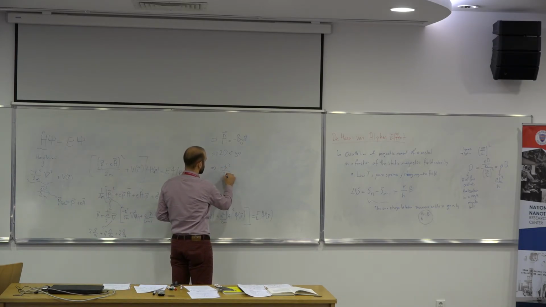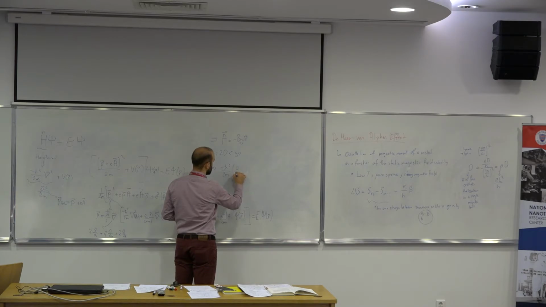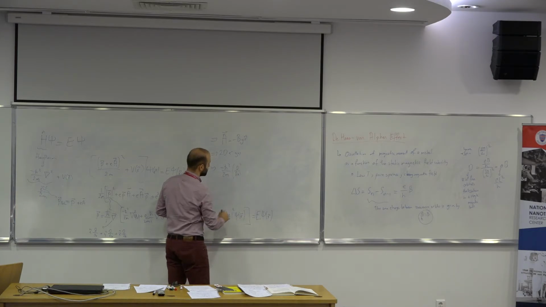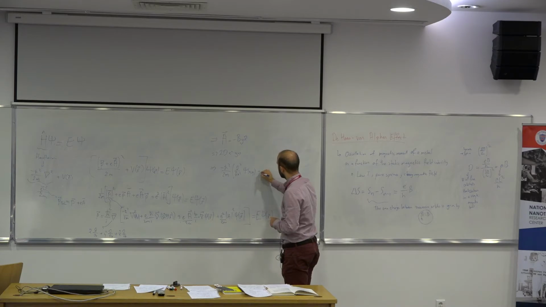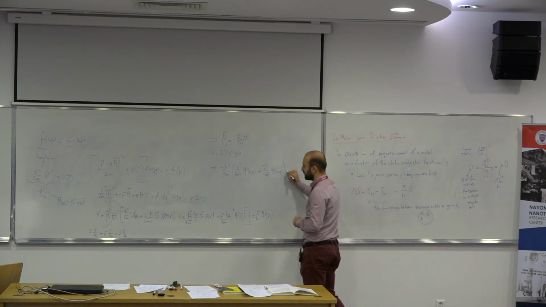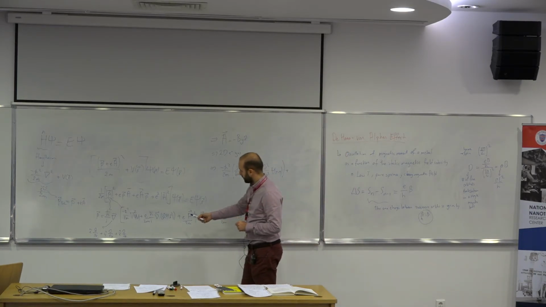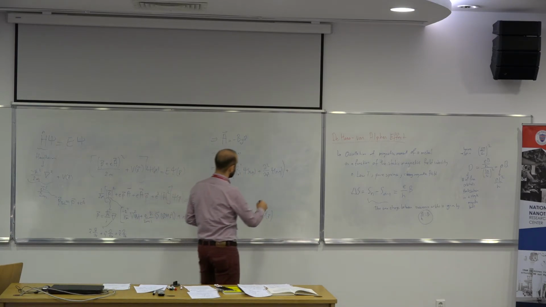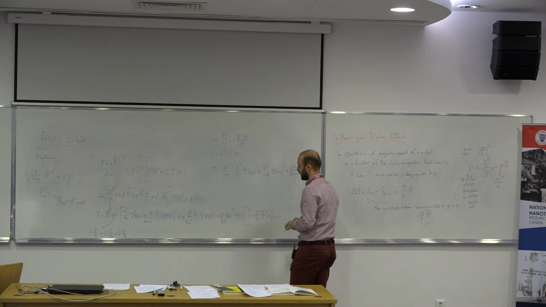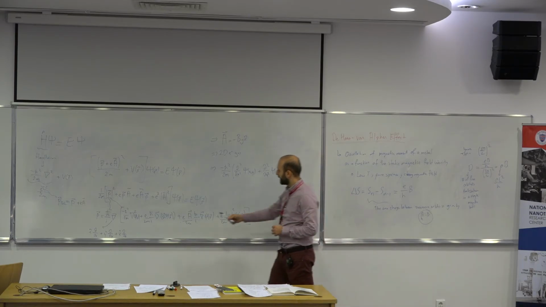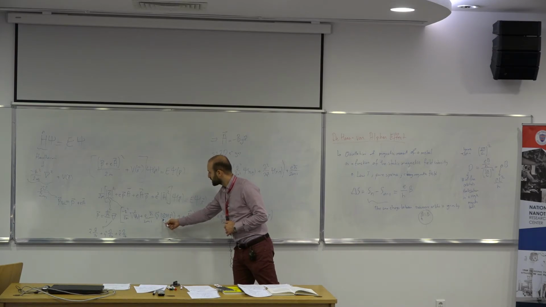Minus h bar squared over 2m, then I'm going to have the derivative, this is now a function of x and y, del squared over del x squared plus del squared over del y squared acting on phi of x and y, plus, now, e h bar over 2m i. Now I have this product here.